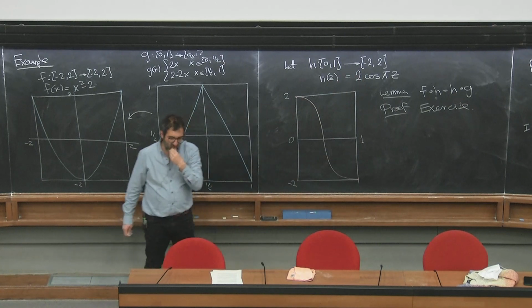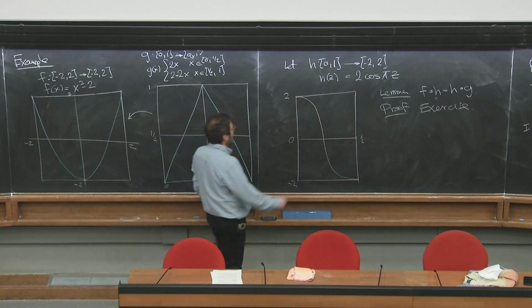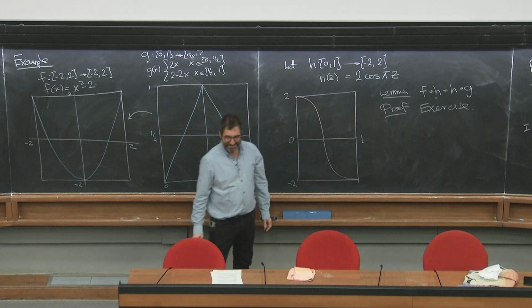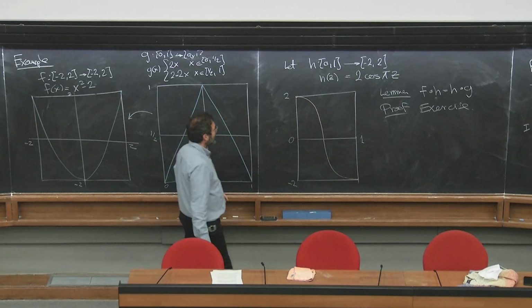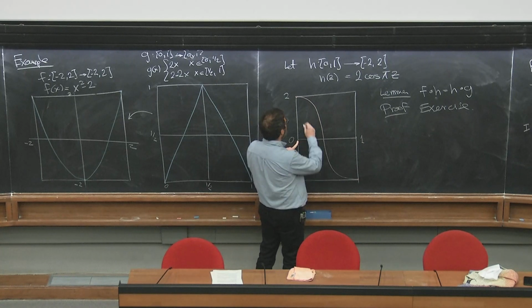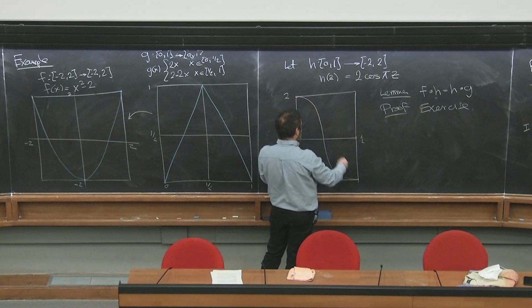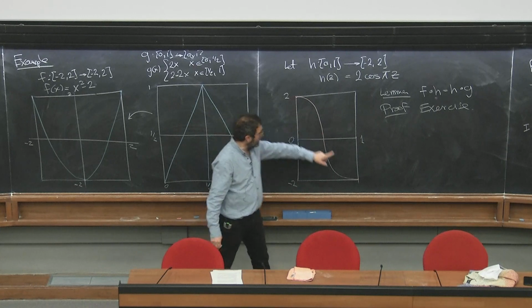The derivative vanishes somewhere. Exactly, where? Somewhere here, right? The derivative is sine pi z, and sine pi z equals 0 if z equals 0 or 1, at the boundaries. Exactly. So this is a piece of the cycle of the cosine curve. The derivative is 0 here.